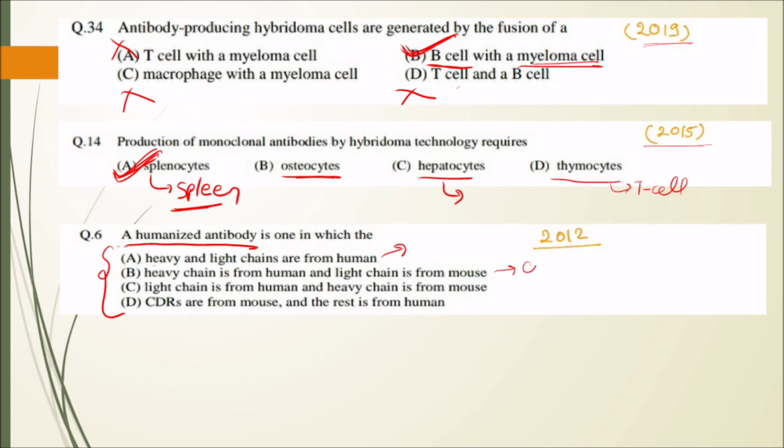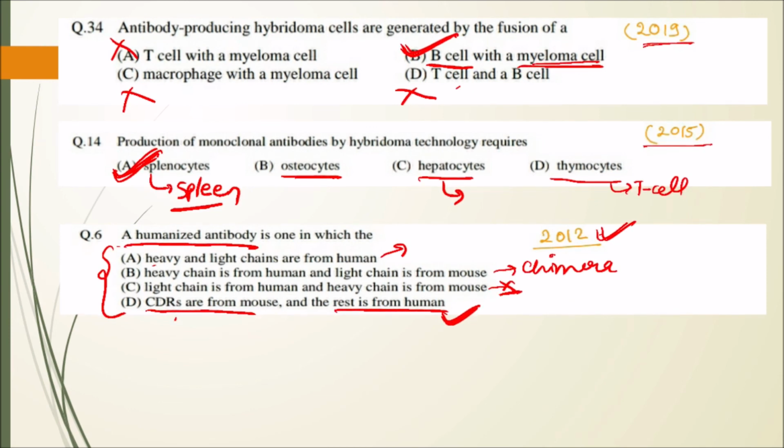No, those are known as chimeric. Light chain from human and heavy chain from mouse? No, we have not read about this. CDRs from mouse and the rest from human? Yes, we have read this. The humanized antibodies have the CDRs from the mouse and the rest from the human. This question was asked in 2012.